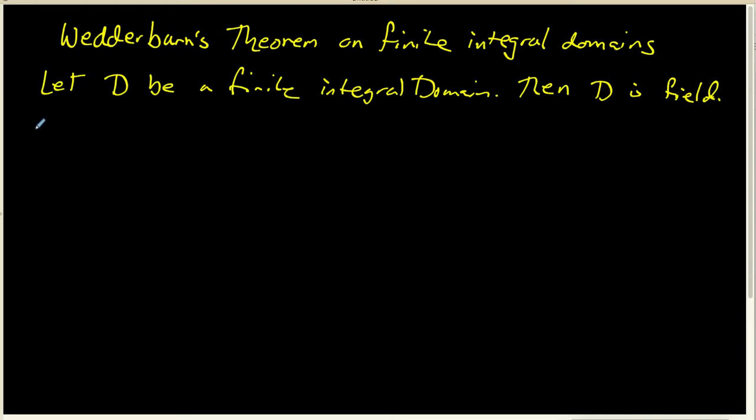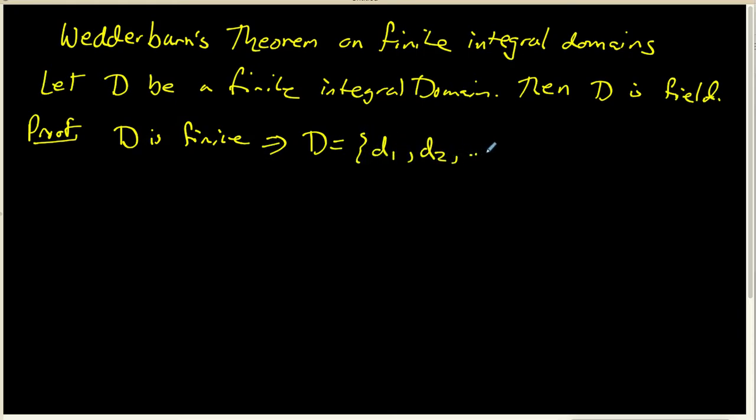So how are we going to go about proving this? Well, the first thing is I kind of want to set up some things just to make it clear what we know in terms of what's going on. D is finite, which means that I can write D as a set that starts off with d1 and d2 and goes up to some number that's going to be called dn, and one of these has got to be 1 and one of these has got to be 0.